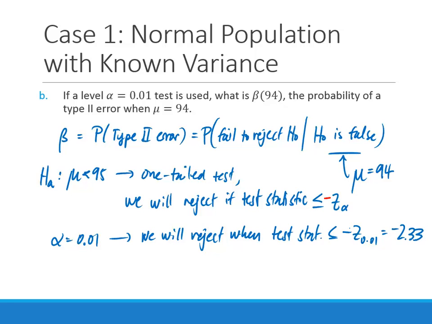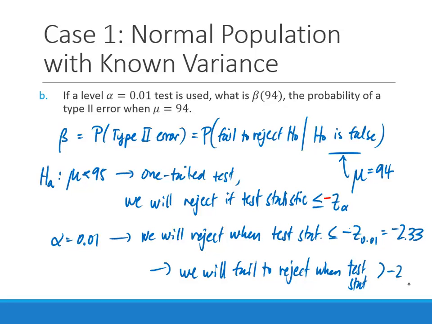Okay, so if we reject when that's the case, then we will fail to reject when the test statistic is bigger than negative 2.33.